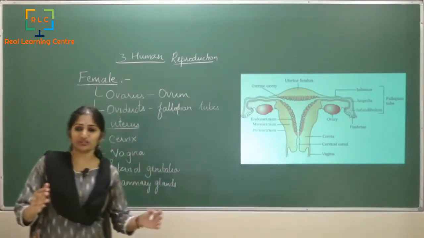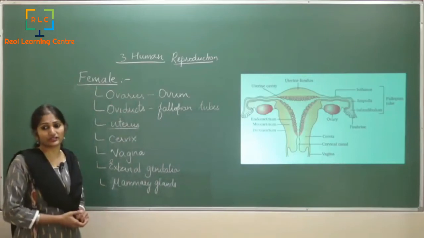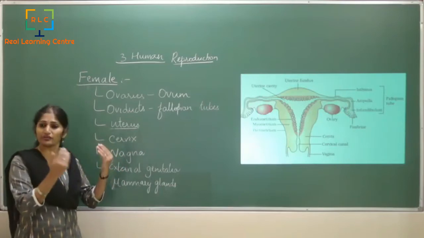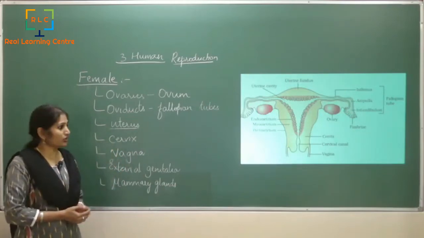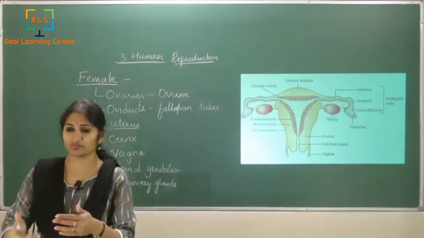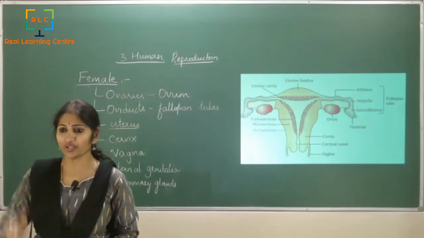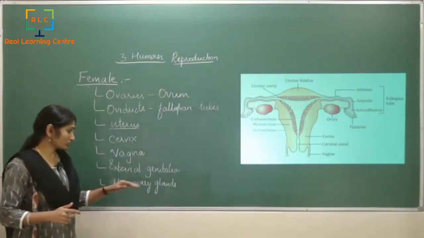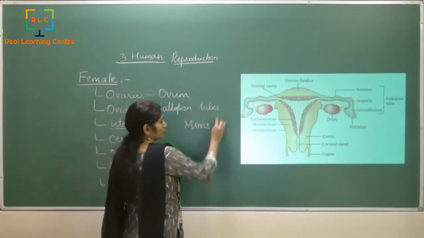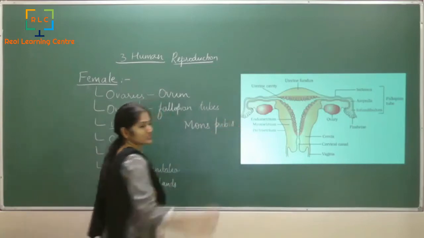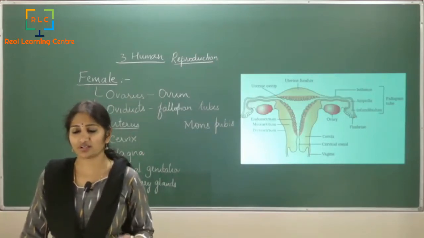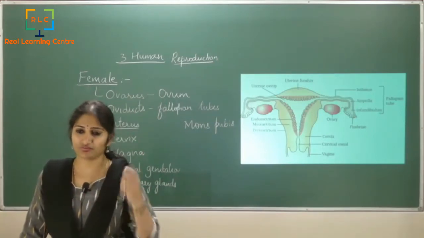The vagina is an opening and can get infected quite easily, and therefore there are layers and layers of membranes which cover the vaginal opening. One of the outermost coverings is what we call the mons pubis. This is a very cushiony fatty tissue that is covering the vagina.